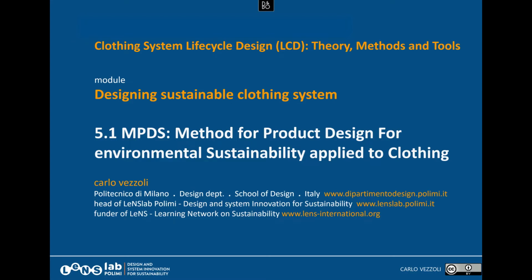Because of course, you will be using only a couple of tools, and because the purpose of the design exercise is another one, not to learn everything, I'm going to introduce now the method for product design for environmental sustainability applied to clothing.